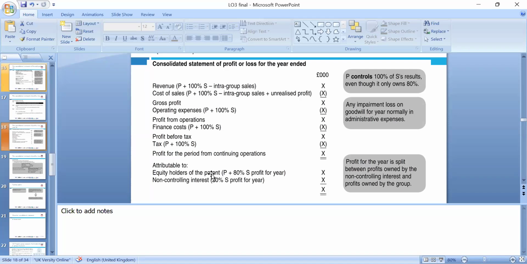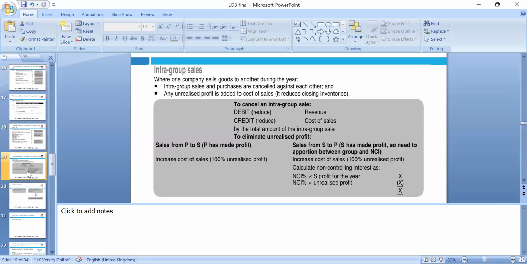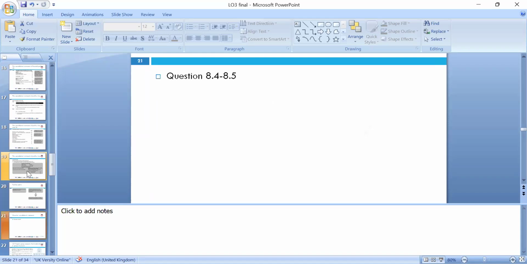Then we have attributable to: equity holders of the parent, and the non-controlling interest, which means the 20% of the subsidiary that we don't have control over. The remaining 80% we have control over. That's what we need to look at and calculate. For intercompany, we look at revenue and cost and make certain adjustments if there is an element of intercompany.